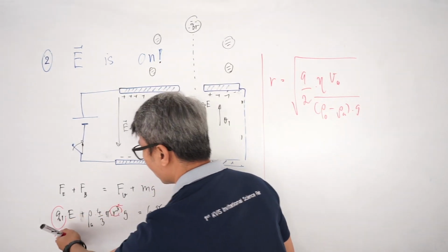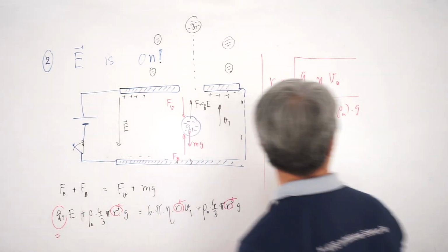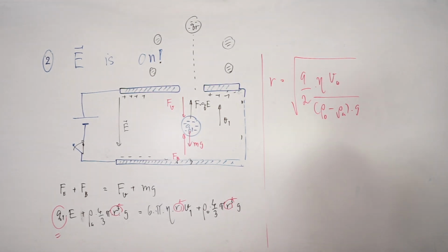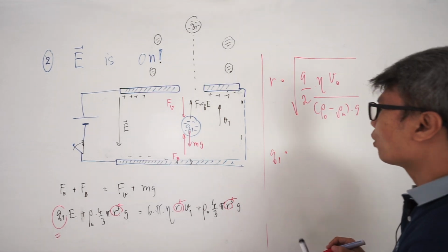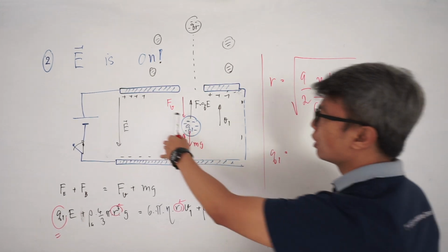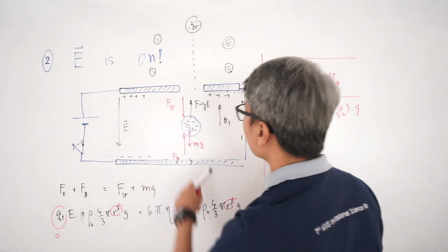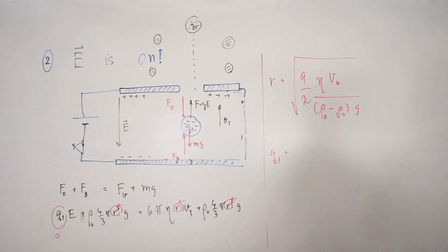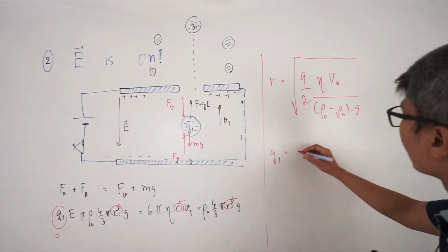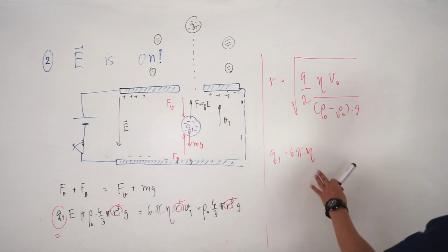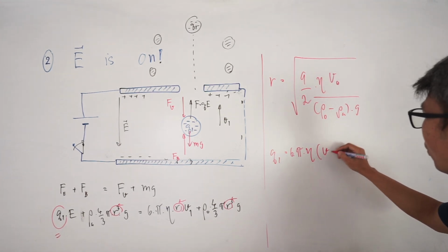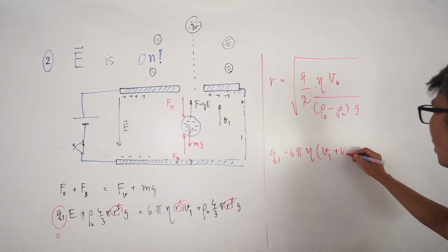If you rearrange the terms a little bit, you will see that the charge calculated from the first time, or the charge of the oil drop from the atomizer, can be written in the form of 6 multiplied by pi multiplied by eta multiplied by v1 plus v0.